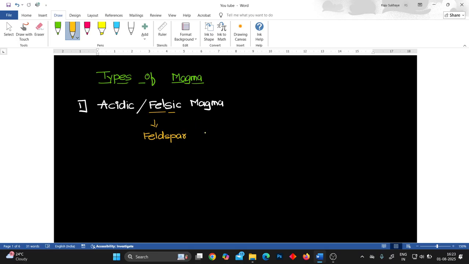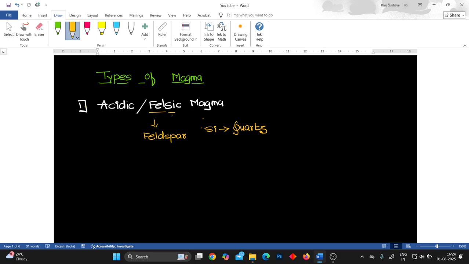Next, it also consists of Si, which stands for the quartz group of minerals, or silicates as well. As these two, feldspar and quartz, are in major quantity, that is the reason this acidic magma is also known as felsic magma. This word comes from the feldspar group of minerals and the quartz group of minerals.